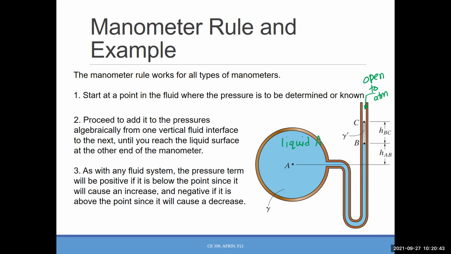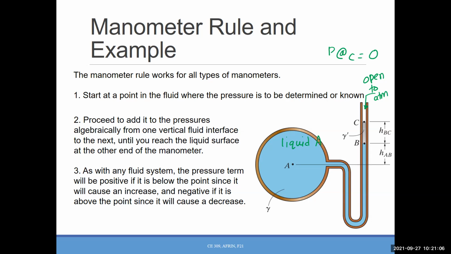A is inside a sphere, so I don't know the temperature, I don't know the pressure. So C, why do we know the pressure at C? Because that is the atmospheric pressure. So P at C is 0, right? In gauge pressure. Okay, so that is the known pressure.